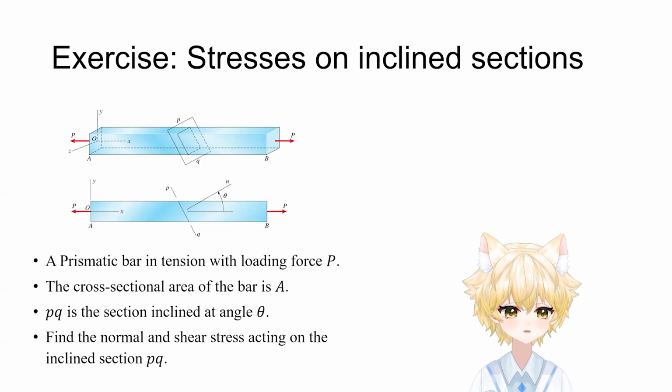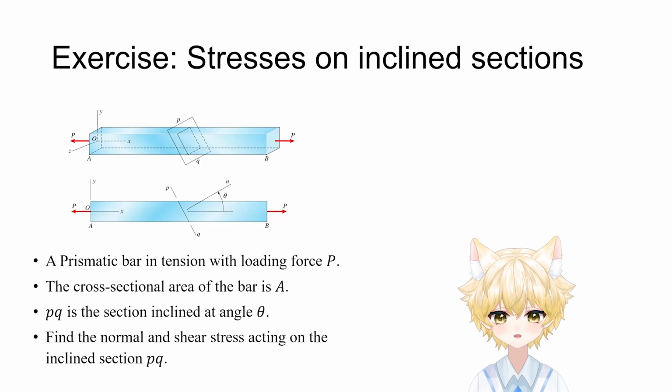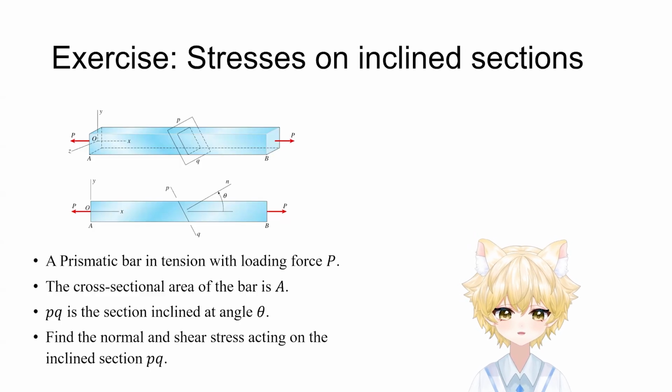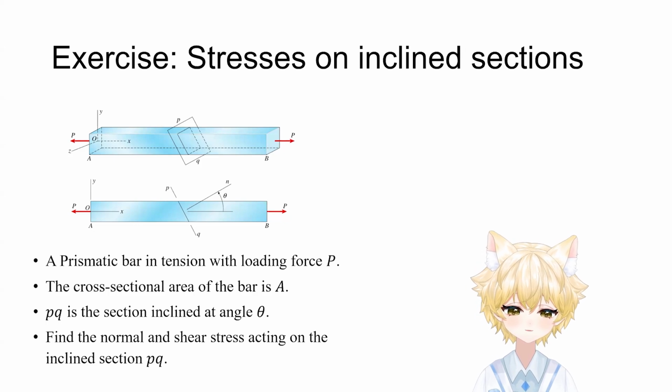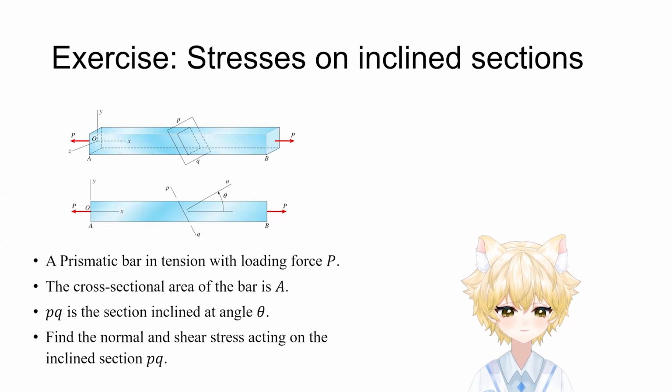We have a bar under simple tension P, but instead of cutting it straight down, we are analyzing a cross-section PQ that is inclined at an angle theta. Remember our fundamental definition: stress equals force divided by area. So I want you to find the stress on this sloped inclined plane.